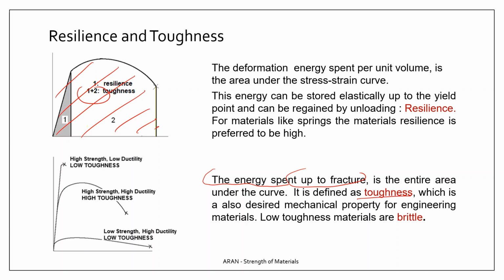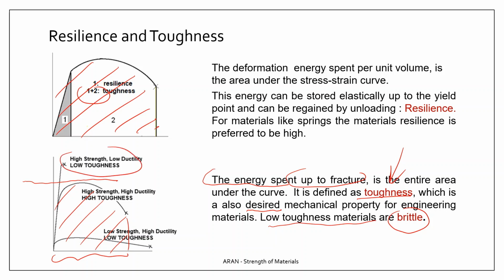Well, high toughness materials are desired. Why? Because low toughness materials are brittle. You can cause rupture without spending too much energy. So, to increase the energy to rupture, you have to increase the area. So you must have high strength and also high ductility. For example, this material, number 1, is a high strength material, but since the area is small, it's a low toughness material.